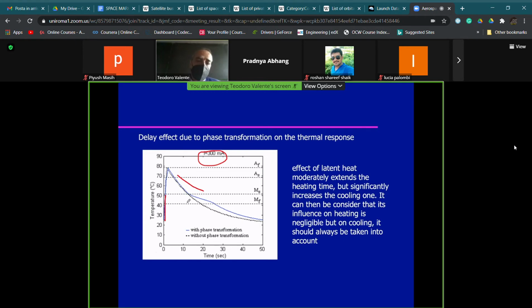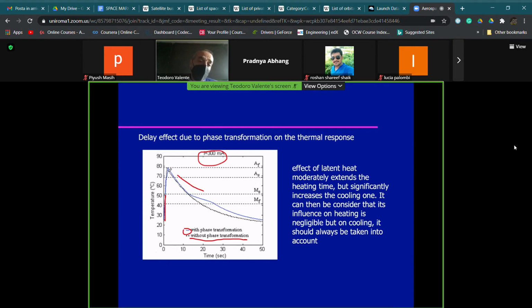And you have the dotted curve, which is the numerical results given without introducing in the general equation also the phase transformation latent heat, and the blue one, in which the effects of latent heat are introduced in the energy balance approach.